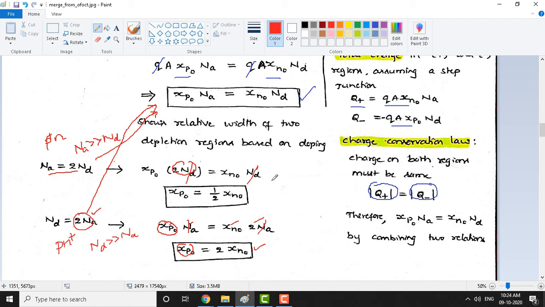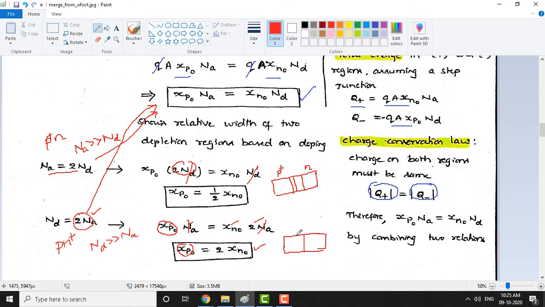That means for this type of diode, the depletion region will be narrow on the p side and wider on the n side, because we have chosen a p plus n diode. And for the bottom example, we have a diode like this, with the middle of a junction.